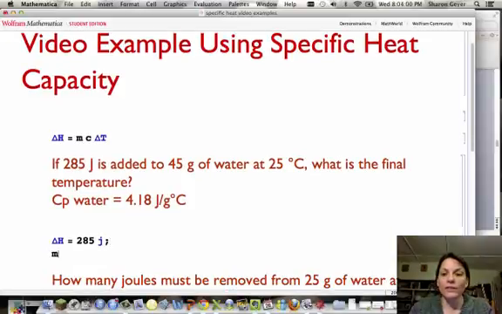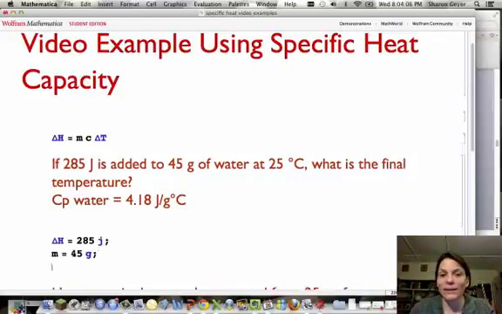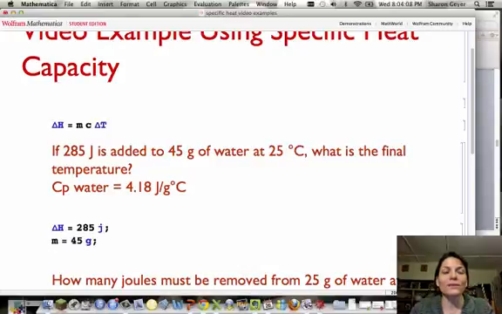The mass of our sample is 45 grams. Is anybody happy that we don't have to use the mole yet? It's coming. Now, our delta T, in this case, we're actually trying to find the final temperature. So we need to break this down a little because we know delta T is the final minus initial.